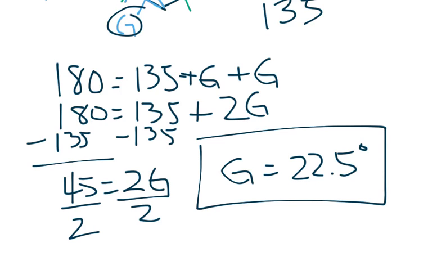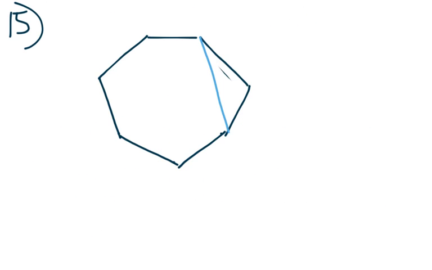For number 15, once again, we want to find what G is, and the first step is going to be to find the sum of the interior angles. Let's count the number of sides. We have 1, 2, 3, 4, 5, 6, 7. So we need to write out our equation. 180 times the number of sides, which is 7, minus 2.